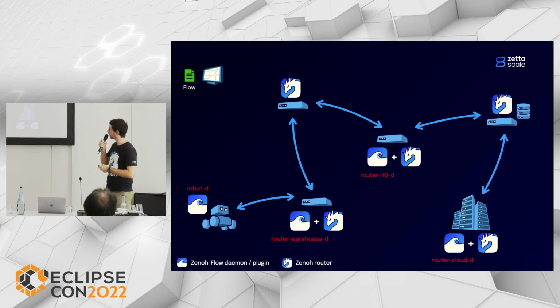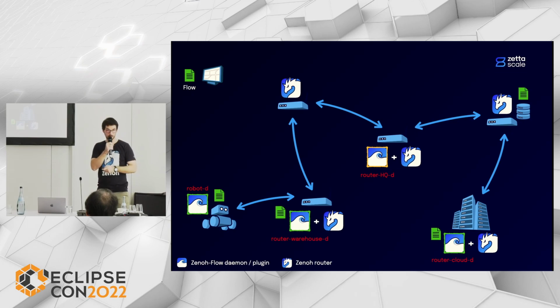So you, as a user, you will describe your flow here, and you will communicate with a Zenoh router that is able to automatically detect the Zenoh-Flow daemons on your infrastructure. What it will do is that it will select this daemon and ask it to instantiate the flow. For that, we store it thanks to Zenoh in the storage, and then this router will orchestrate the deployment.